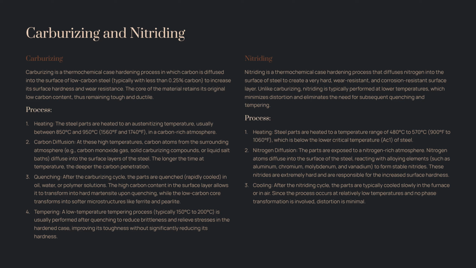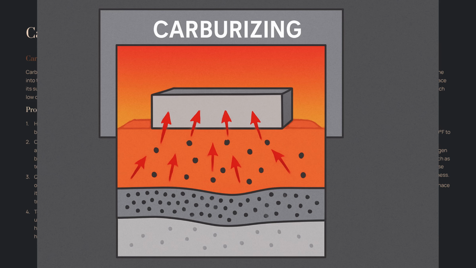Quenching. After the carburizing cycle, the parts are quenched, rapidly cooled in oil, water, or polymer solutions. The high carbon content in the surface layer allows it to transform into hard martensite upon quenching, while the low carbon core transforms into softer microstructures like ferrite and pearlite.